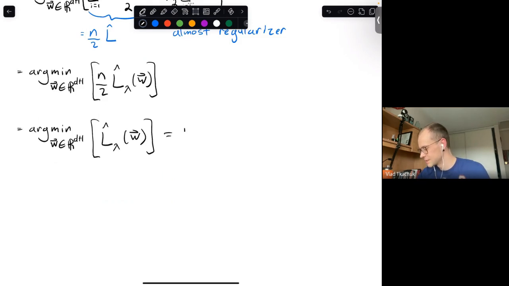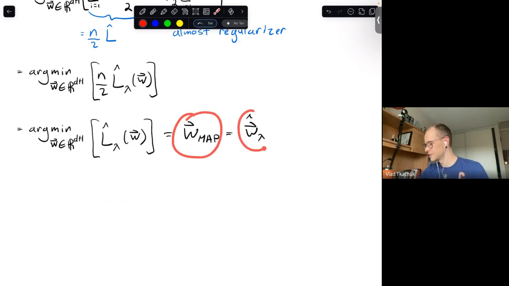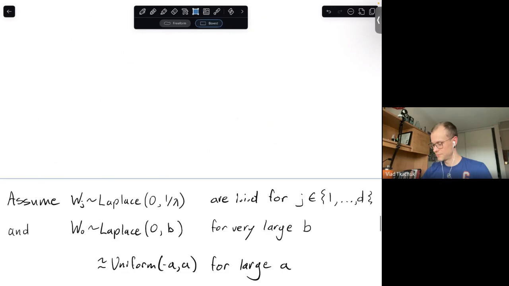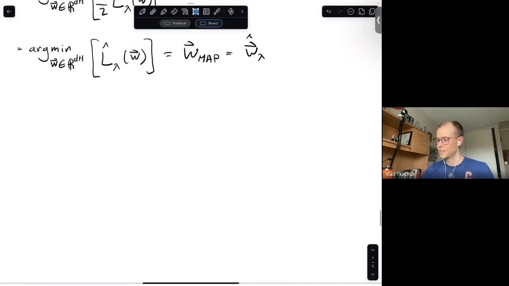This is W map, and this is actually equal to the W hat lambda we had before. This is the regularized solution we had before. So the observation is that this W map is the same as the regularized solution.